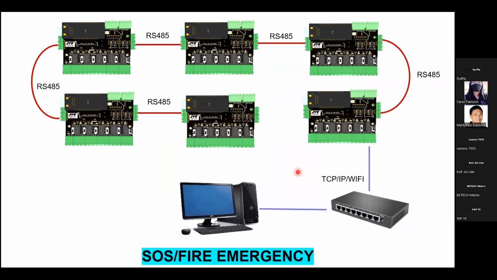So in this concept, you can connect back to the software itself, but only one of the units will be on TCP, and the rest of them can be on 485. So these are the two wired communications we have. Wi-Fi I don't need to explain. Each and every one of them can be Wi-Fi itself, if you want to rely on Wi-Fi.